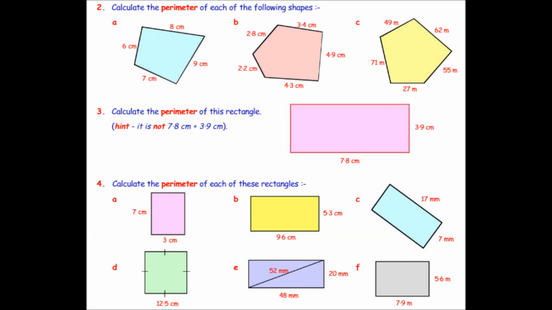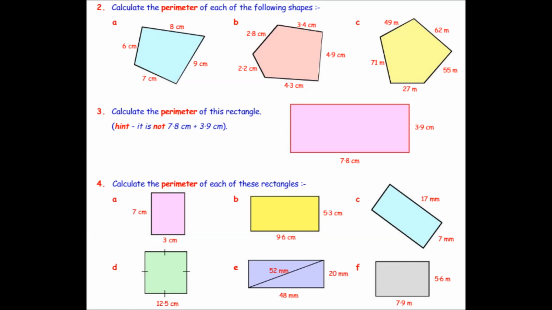That little line is actually telling you something, and what it's telling you is that these are all the same length. So what we know about D is it's actually a square, and there's only one length there, 12.5 centimetres. So use the information I've told you to work out D.